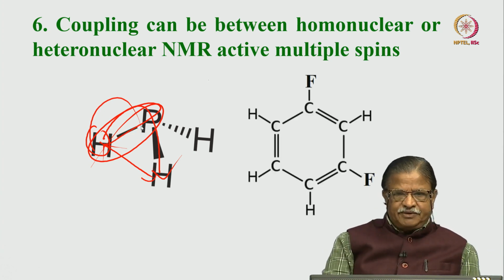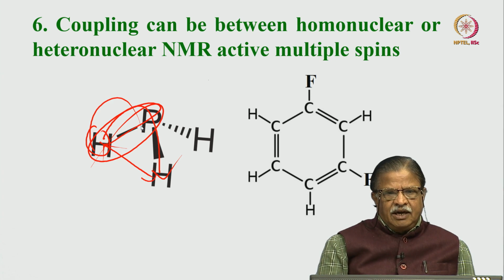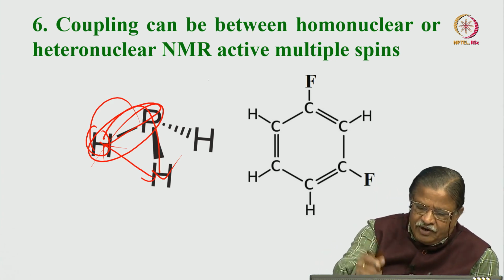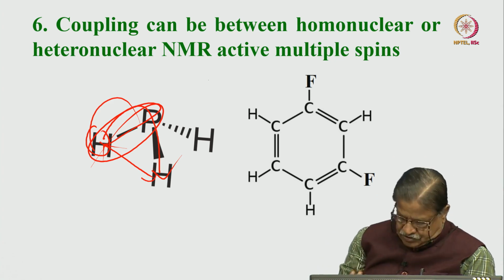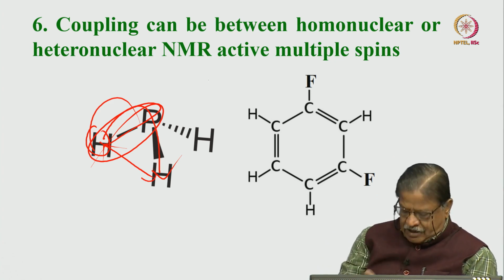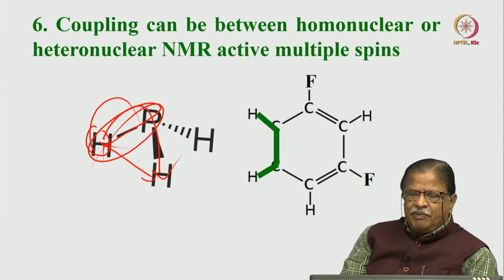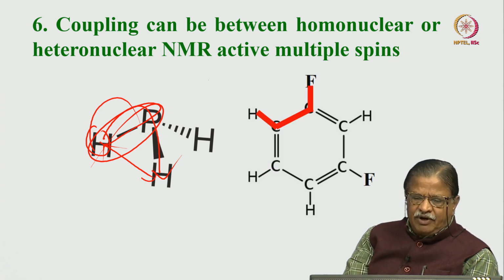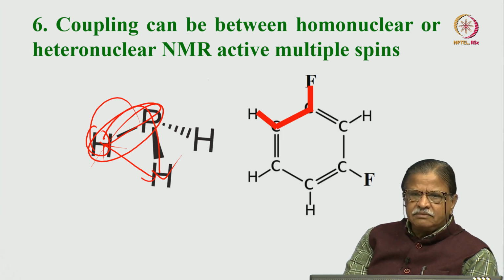Consider a molecule like this. Now we have a meta disubstituted benzene, with fluorines, and there is a symmetry here. Do not worry about more details about symmetry, I am just telling you for the sake of understanding. There can be a coupling between this proton and this proton, 3 bond coupling, the homonuclear proton-proton coupling. There can be coupling between proton and fluorine, again 3 bond, heteronuclear coupling.